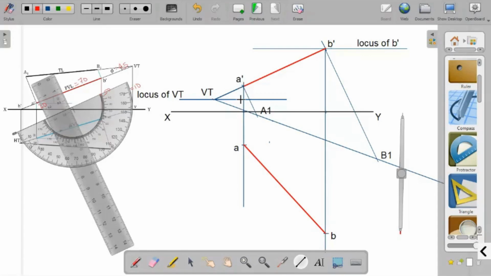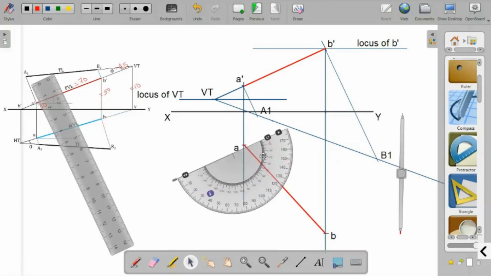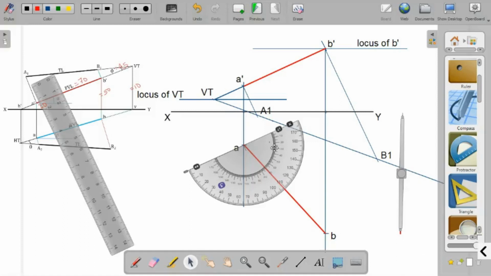This is 20 millimeter. So first you have to draw perpendiculars to a and b.